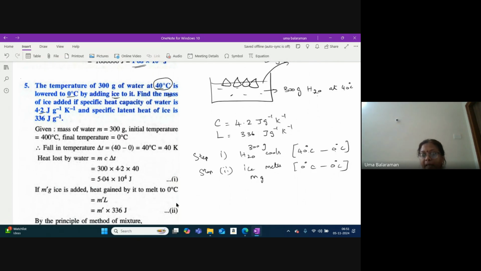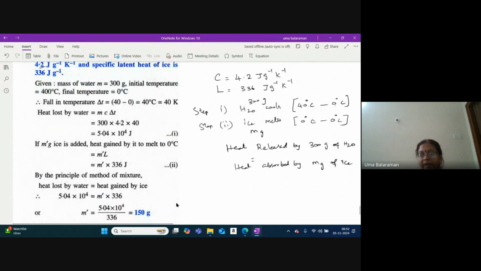Let me write. Heat released by 300 gram of water is equal to heat absorbed by m gram of ice cubes.